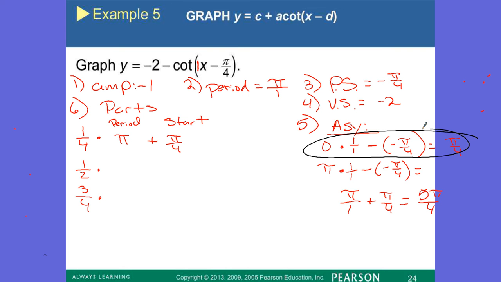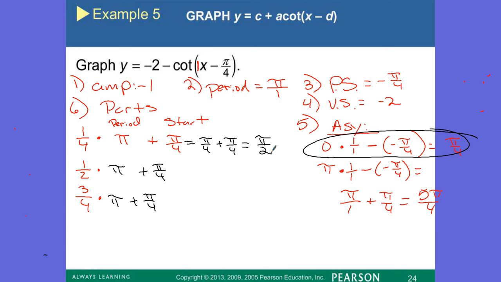Okay, so next one, I'm going to have pi plus pi over 4. So mathematically, this is pi over 4 plus pi over 4, which gives me 2 pi over 4, right? Which is, very good, pi over 2.